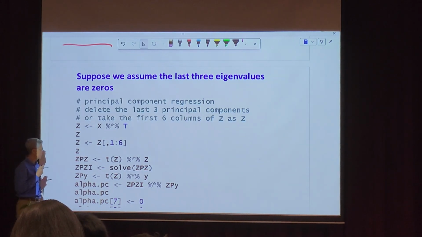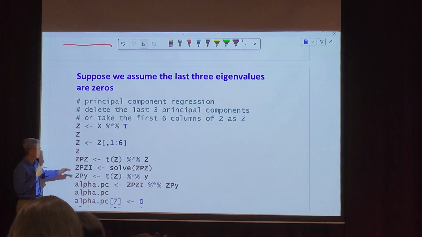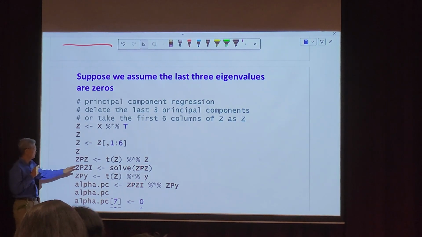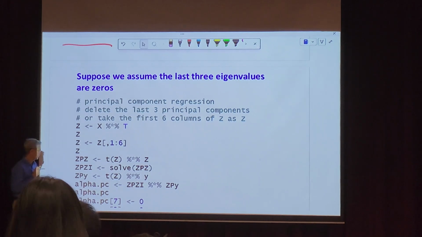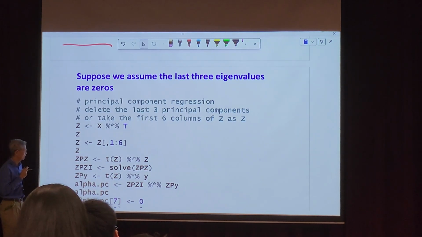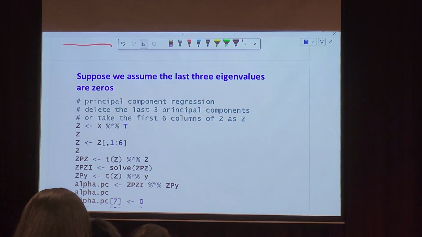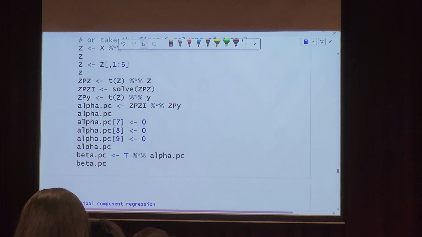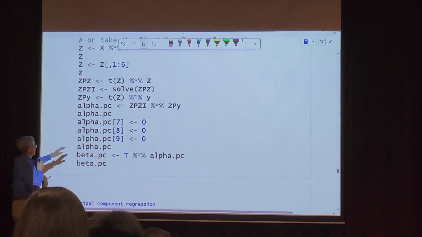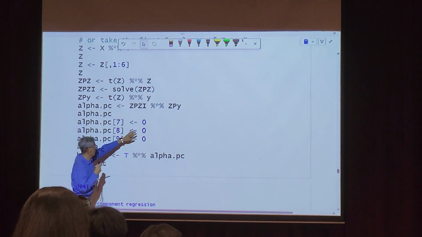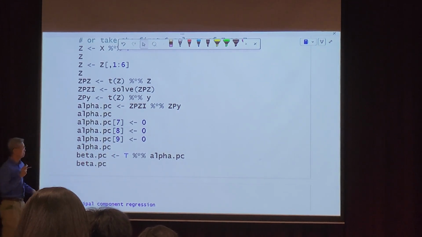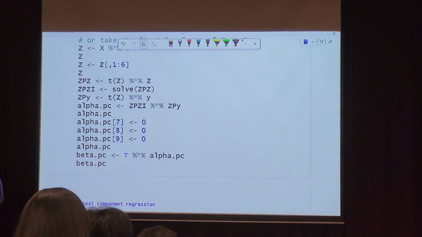Find the Z prime Z matrix. Find the inverse. Find Z prime y, solve for alpha, and then set 7, 8, 9 to be 0. Yeah, set them to be 0.